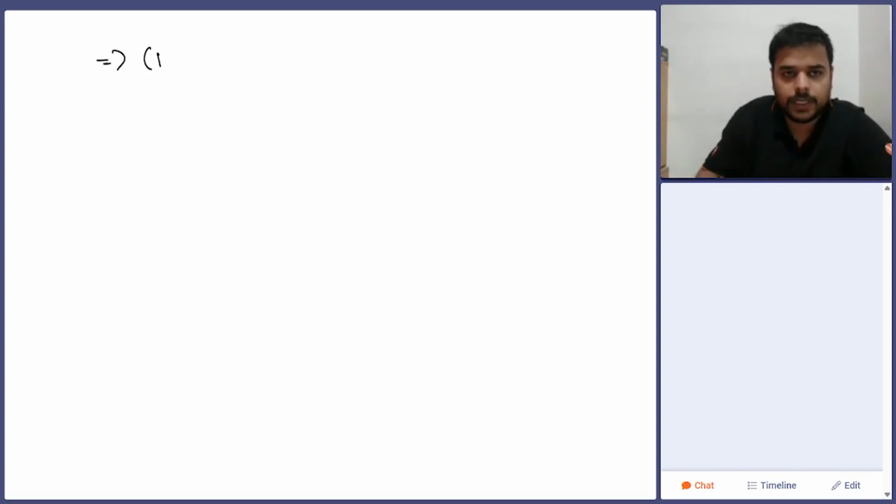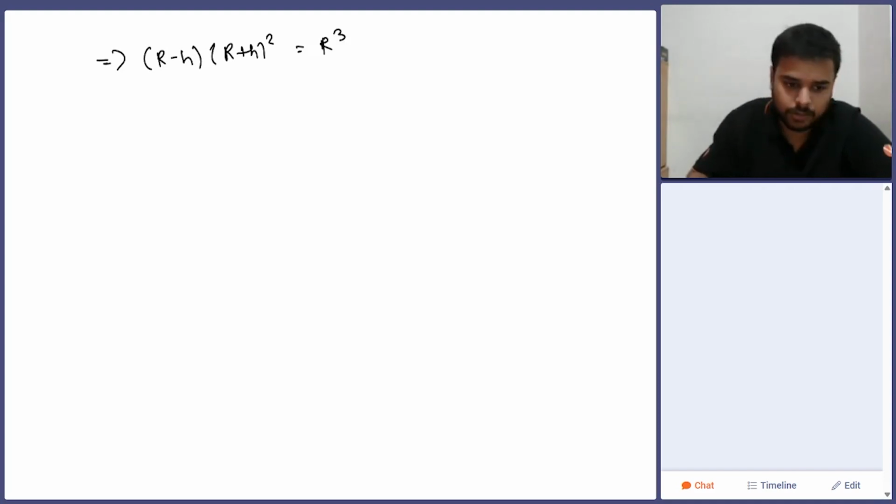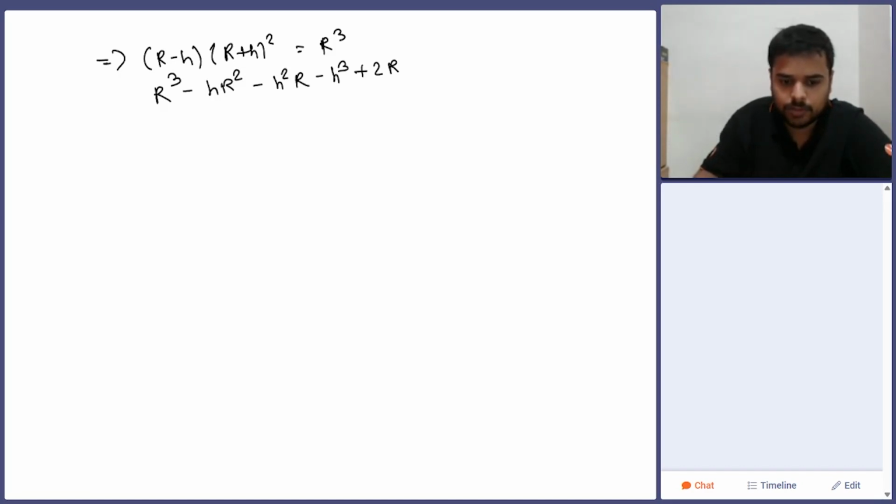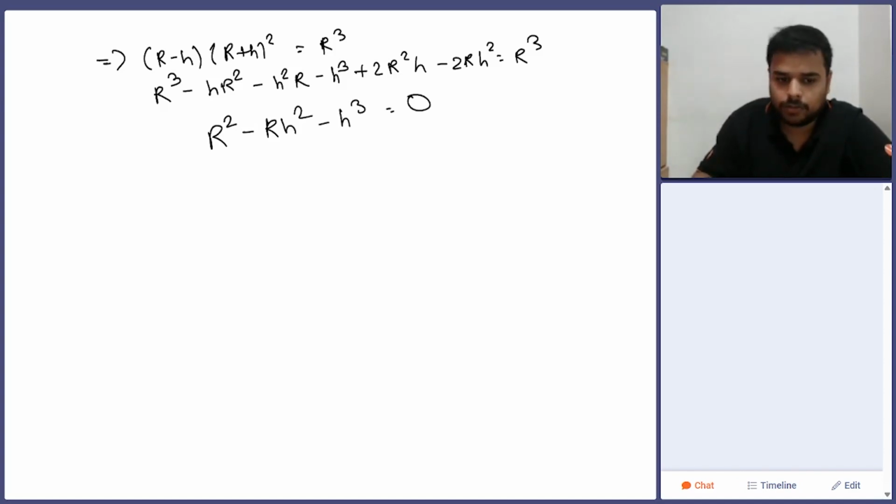So the equation will be like (R minus h)(R plus h) whole square equals R cube. So this becomes R cube minus hR square minus h square R minus h cube plus 2R square h minus 2R h square is equal to R cube. So this becomes R square h minus R h square minus h cube equals 0. So if we rearrange it, it will become h square plus Rh minus R square equals 0.